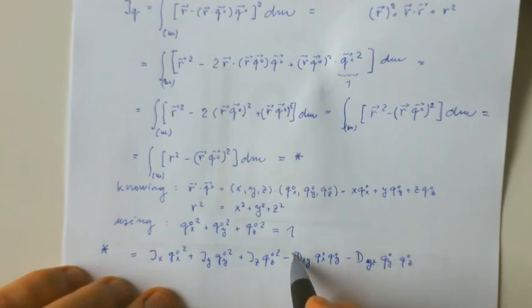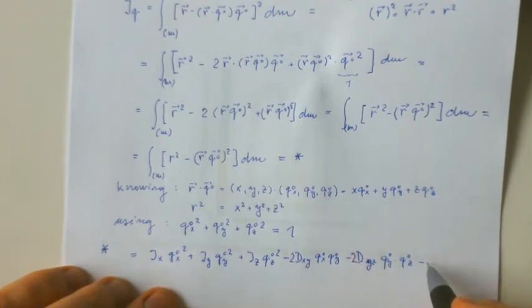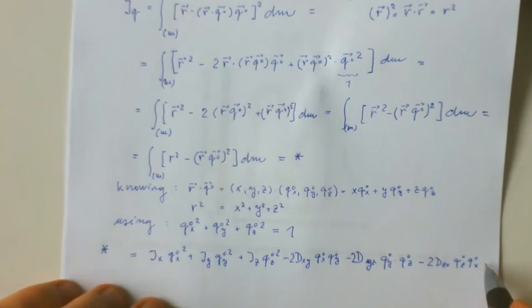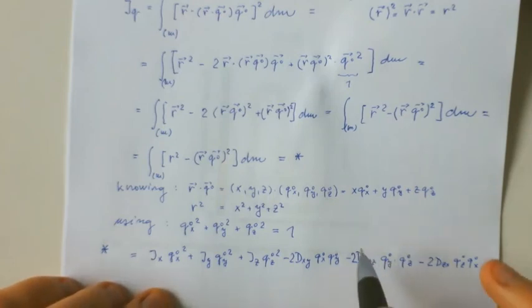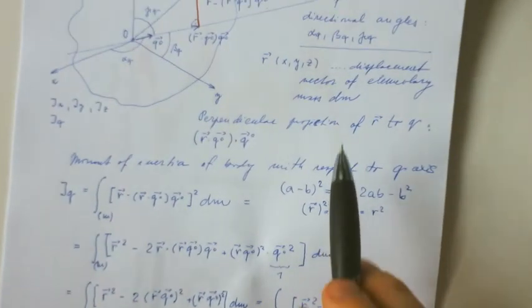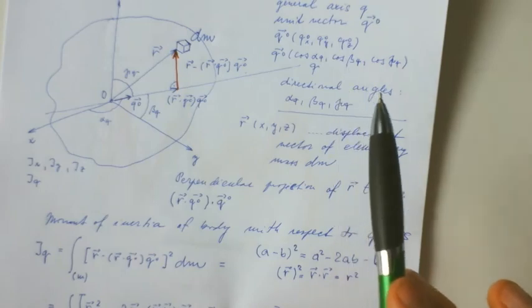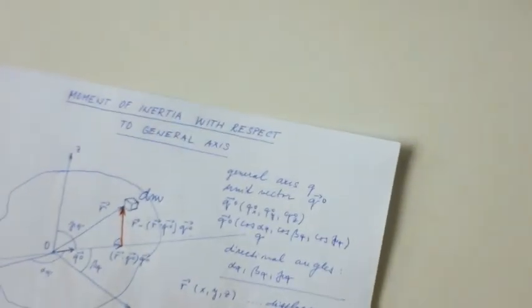Sorry, there are 2. Minus 2dzx by q0z by q0x, and knowing that q0y is in effect the cosine of the directional angle, we can continue.